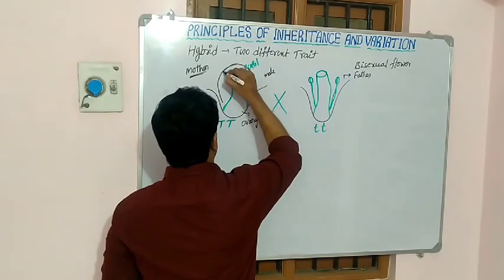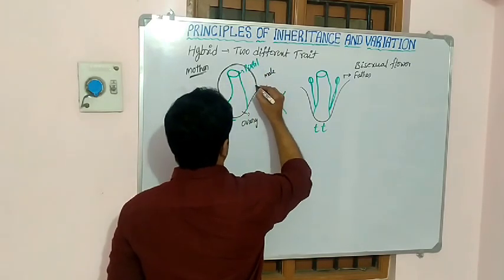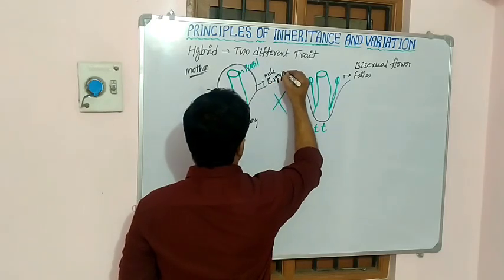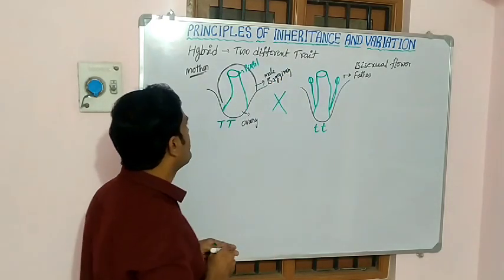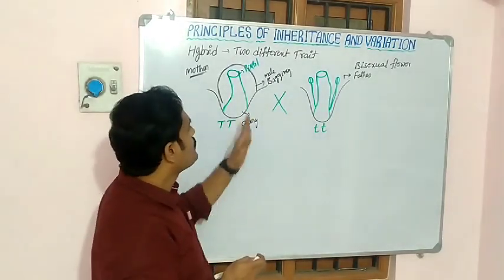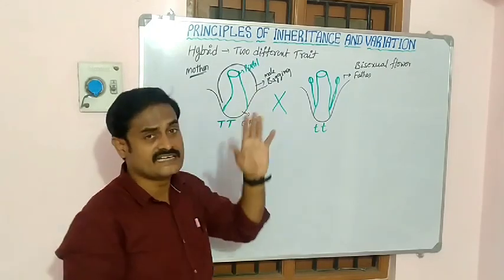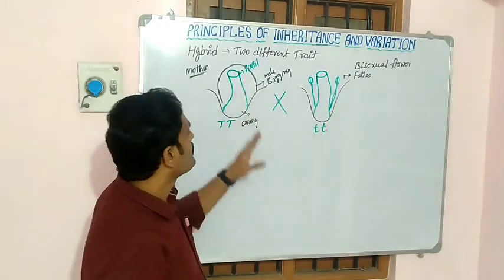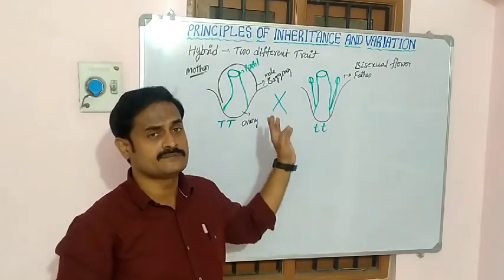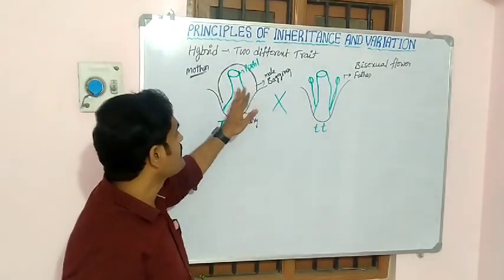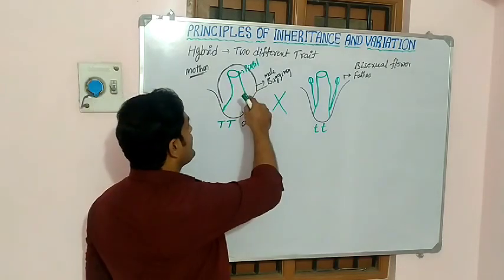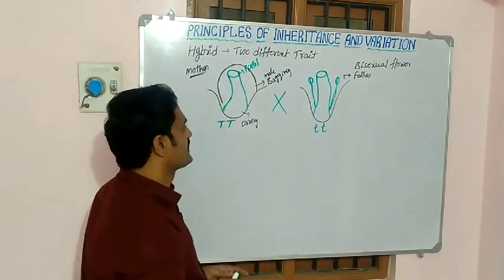This is called bagging. Why did Mendel bag the pistil or ovary? To prevent any other fertilization. Mendel conducted cross fertilization, that means cross pollination between the two flowers, so to prevent any other pollination, Mendel bagged the ovary.